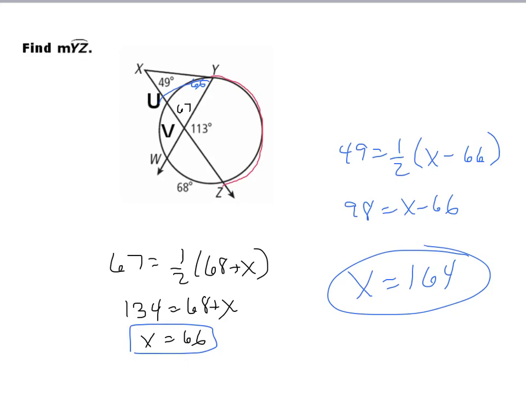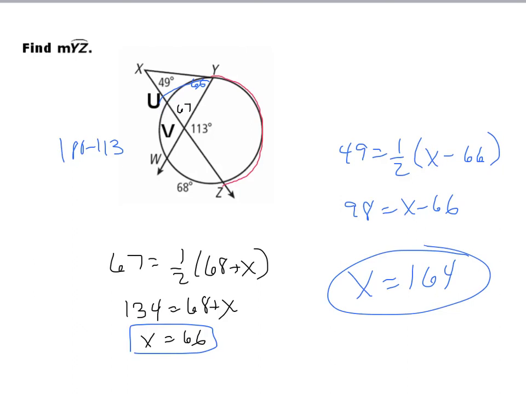All right, so going through this mess, I noticed that a straight line here makes 180 degrees. So I took 180 minus the 113 and it got me the 67 degrees right here. Okay? These cross in the inside, so 67 is going to be 1/2 of the sum of these. I use that to find this arc here, so 1/2 of 68 plus x. That arc is 66 degrees.